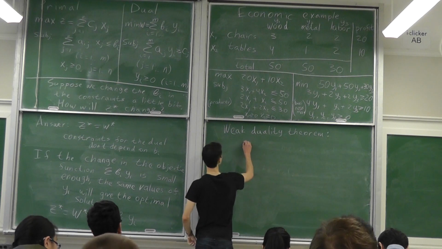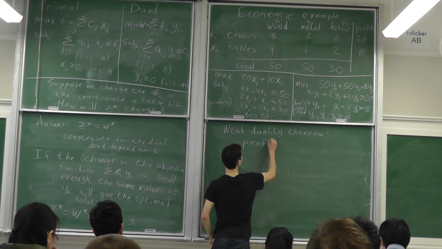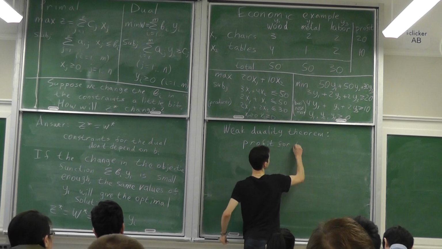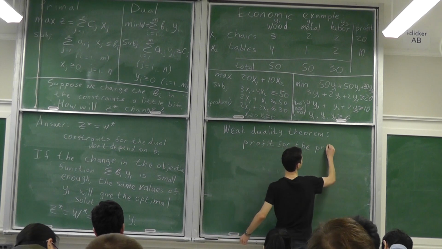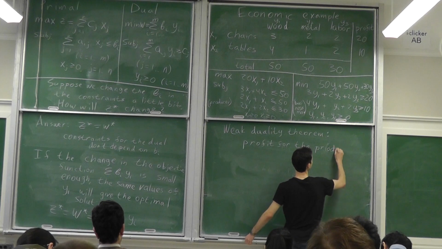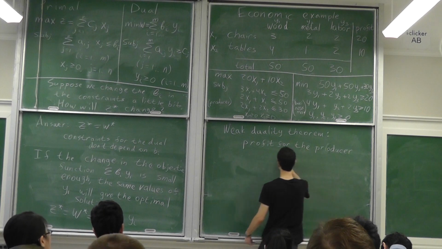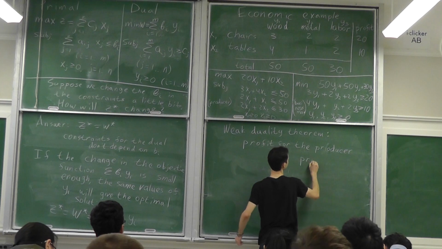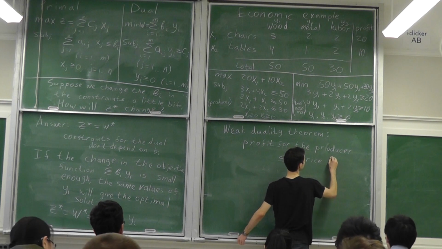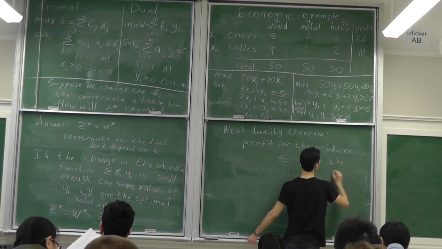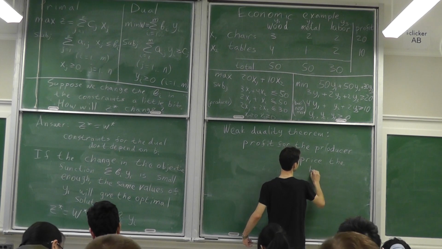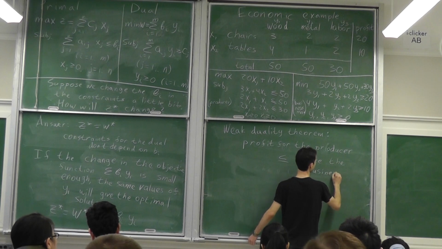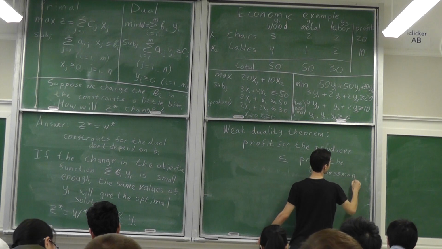So profit for the producer is smaller or equal than the price the buyer, the businessman, pays.